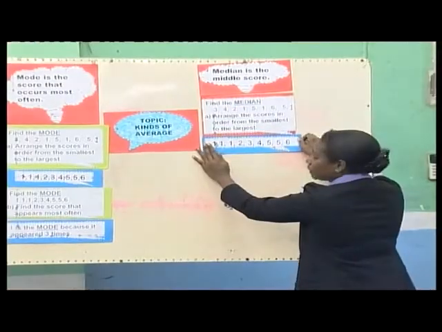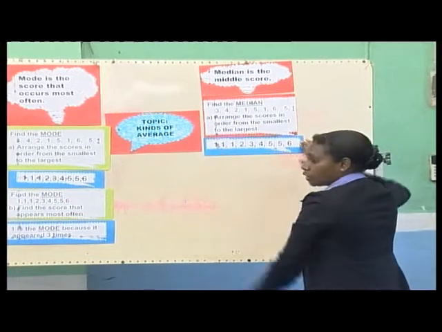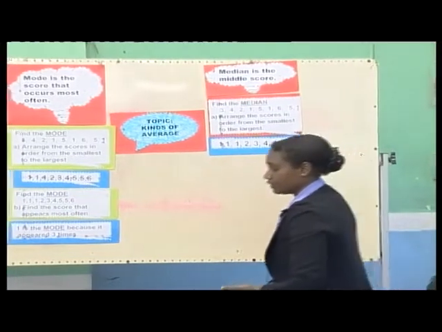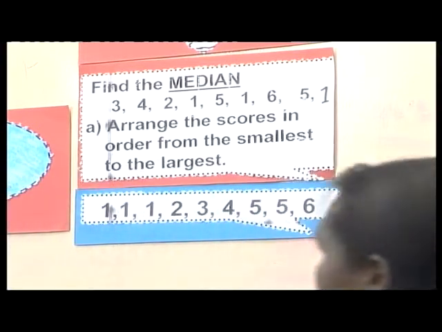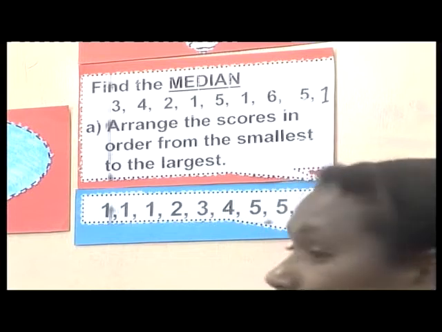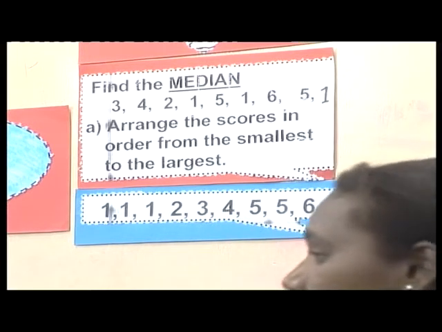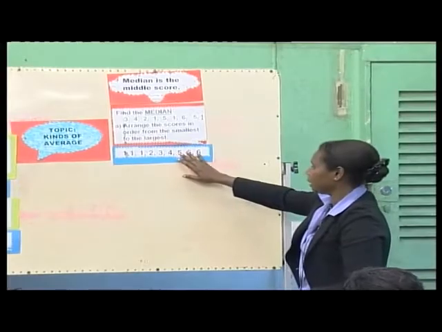This will help the slow learners so that they are able to work out the mode or the median in this activity. So looking at this, median is the middle score. Firstly, you are to arrange the scores in order from the smallest to the largest score. We have arranged this in order.